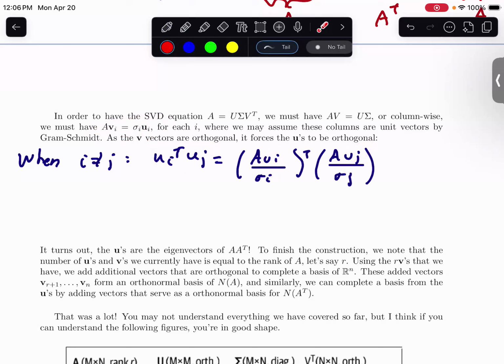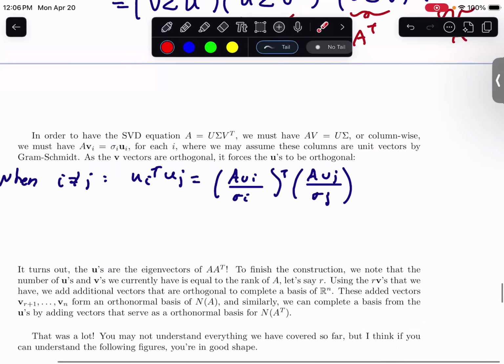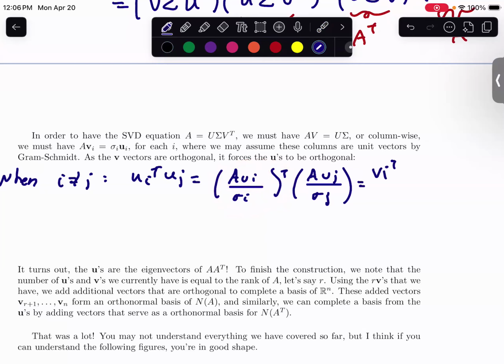We can apply the transpose, which really only affects the numerator. So this is equal to vi transpose times A transpose times A vj in the numerator, over σi σj.